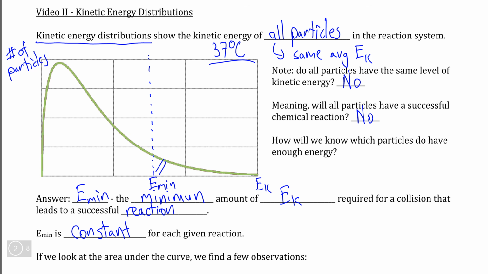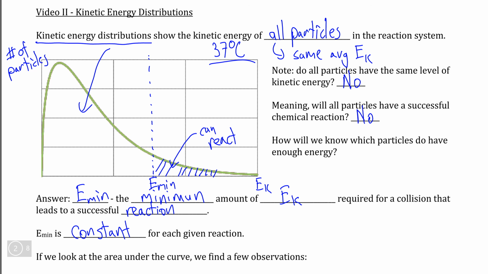Now, what this means is that all of these particles here, the area under this shaded curve, are the particles that do have enough kinetic energy to react, and therefore they can undergo a chemical reaction because they have the minimum amount of kinetic energy required such that when they hit each other, they will undergo whatever the chemical reaction is.